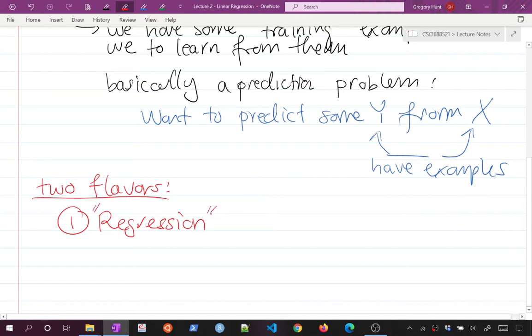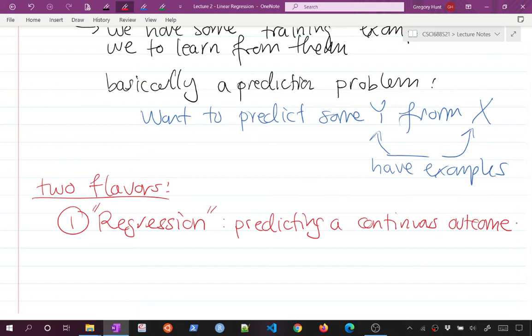Regression is an overloaded term in machine learning, statistical learning literature. It both refers to a particular technique, say linear regression, but more broadly, a regression-like problem refers to predicting a continuous outcome. And this would formalize where the thing that we are predicting is literally going to be a continuous random variable.